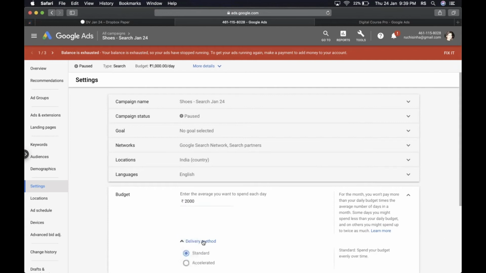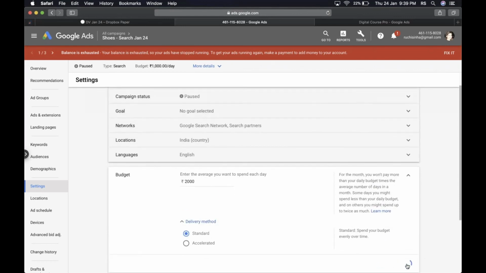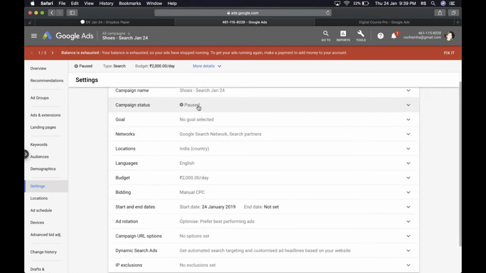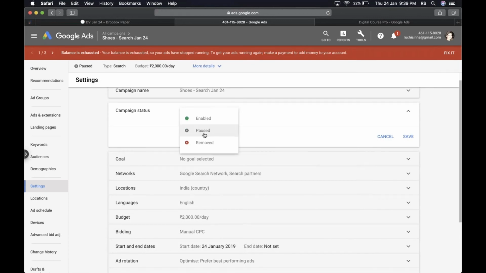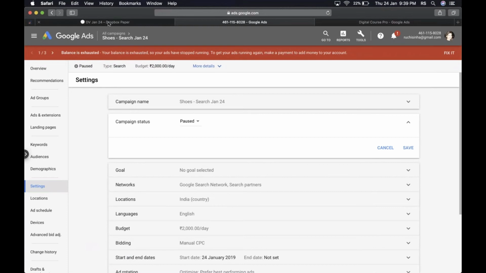Okay, delivery method, if I want to change it to accelerated, I can change it here. If I want to, I say save, of course. And so all the changes you can make here. This is the place you can also go and say campaign paused. When you want to enable it later on, you can always enable, but right now please keep it paused. Okay, so this is your campaign created.